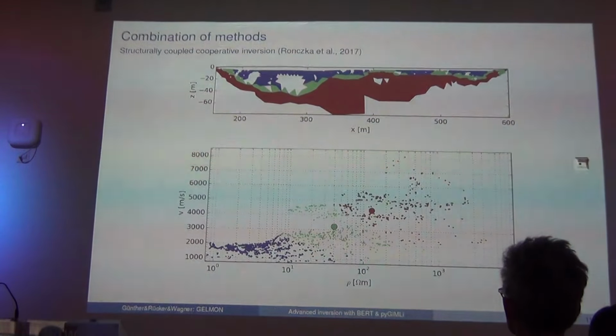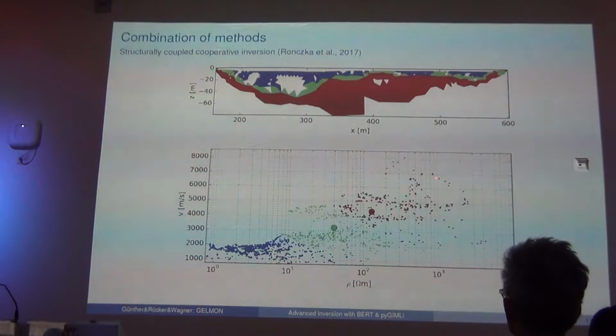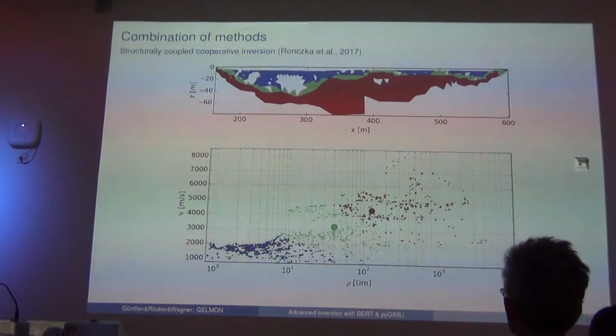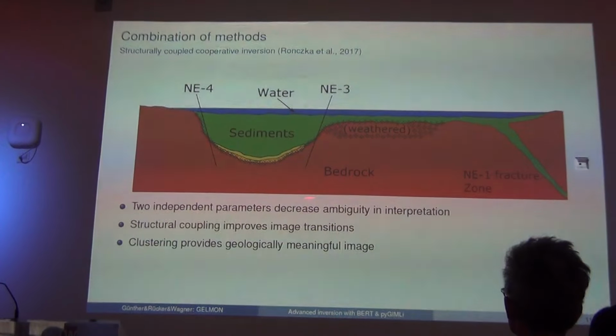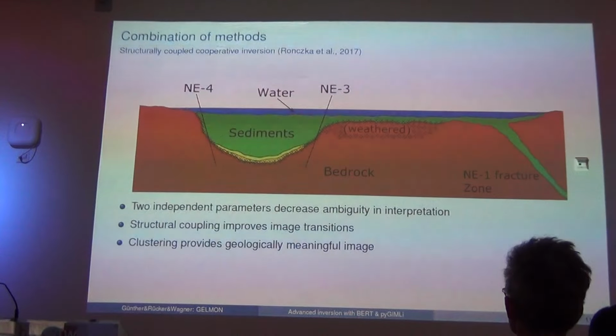If you combine them, in this case in a structurally coupled cooperative inversion, you're able to sort out a model which is, in this case, a cluster model representing the relations between resistivity and velocity. And finally, you are really able to come up with an image of the subsurface which is much better substantiated because it's compatible with both seismics and resistivity.